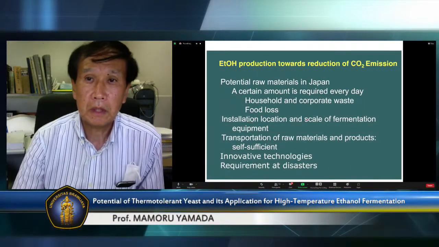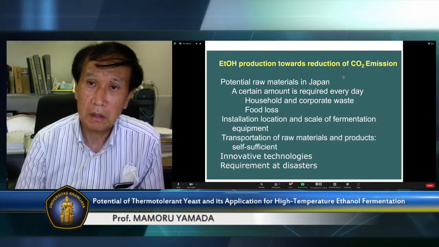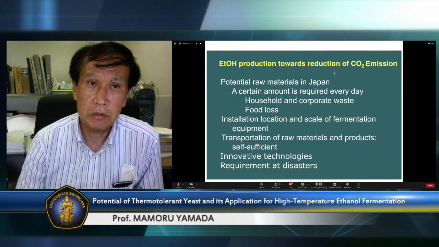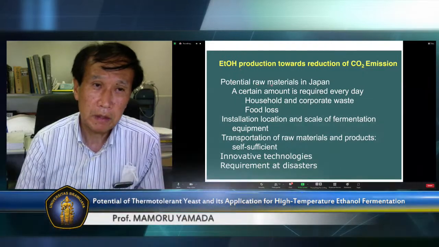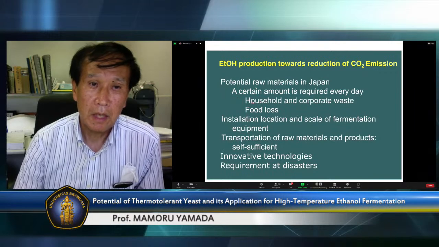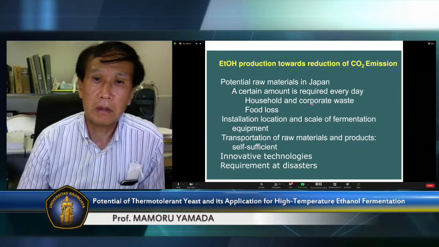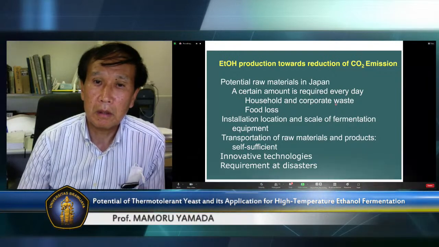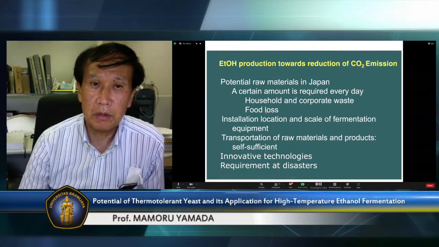So if we consider the reductions of carbon dioxide emission to produce ethanol, in Japan we have only household or corporate waste or food loss as raw material.